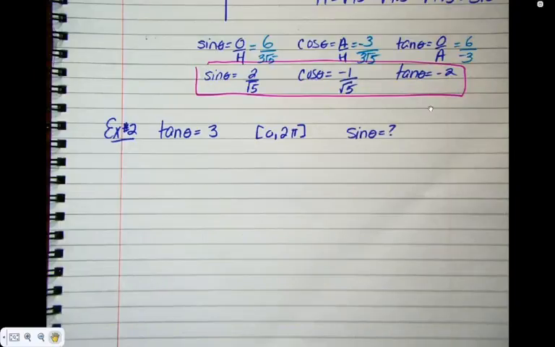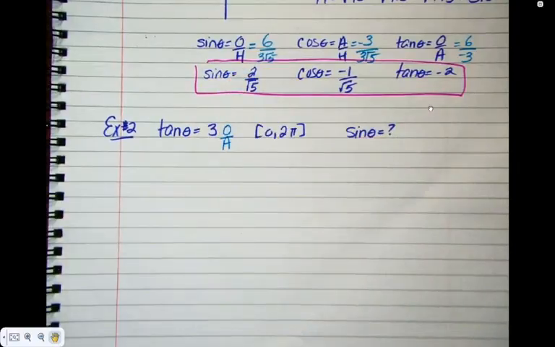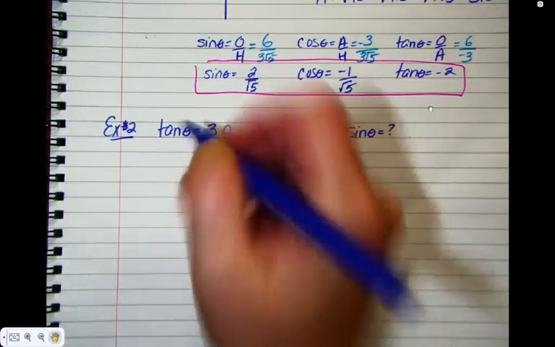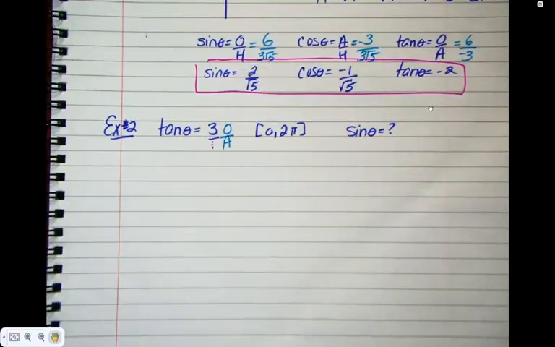So rather than giving us a point like they did in example 3, they're giving us two sides that's just a little bit hidden. What do you know about the formula for tan? It is opposite over adjacent. That tells us automatically that the opposite side is 3. And although I don't see it, what do we know about the adjacent side? It's 1. So it's the same thing as giving us a point.